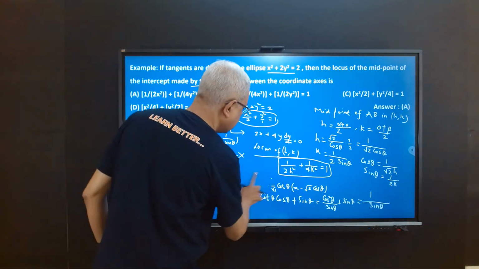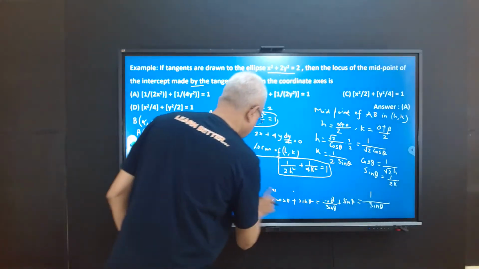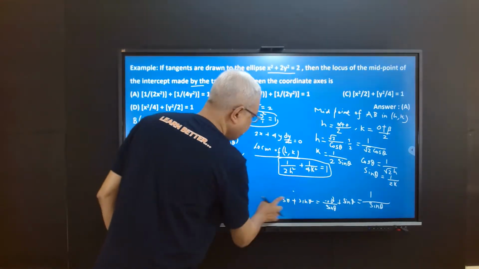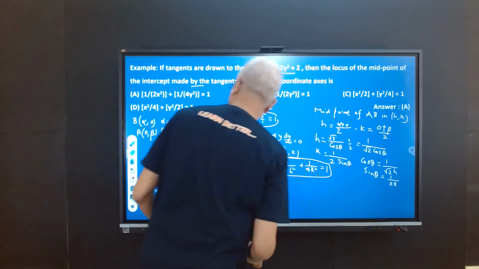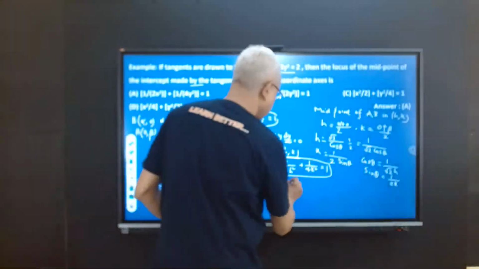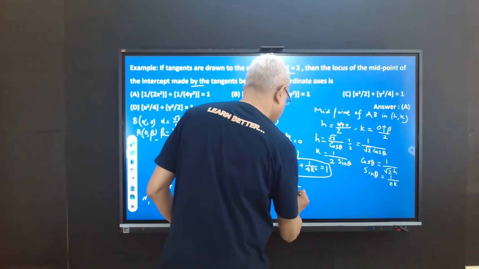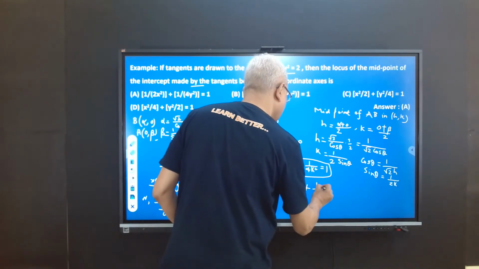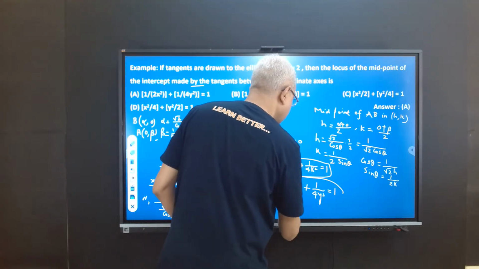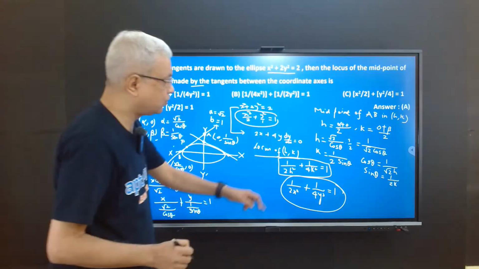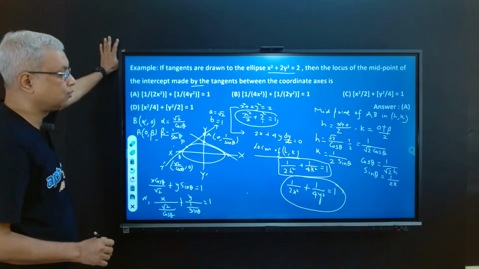just let me remove this thing. So the equation of the locus is 1 by 2x square plus 1 by 4y square is equal to 1.